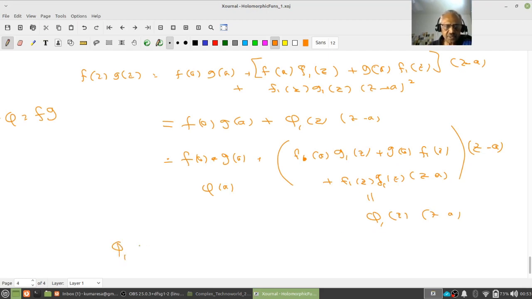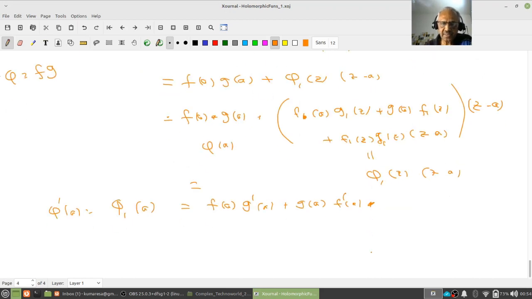Therefore what is the derivative? Derivative is phi 1 of A. But what is that? That is f of A into g1 at A, that is nothing other than f of A into g dash at A plus g of A into f1 at A, that is f dash of A, plus, remember when I put at A, I don't care what this is, actually this is f dash at A, g dash at A, but 0, therefore this is just 0.